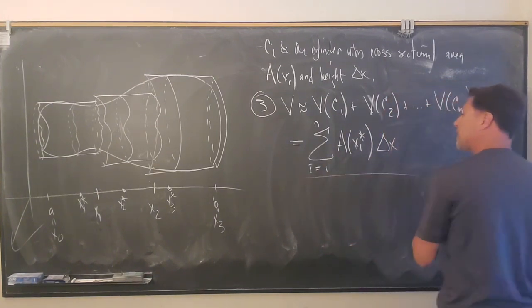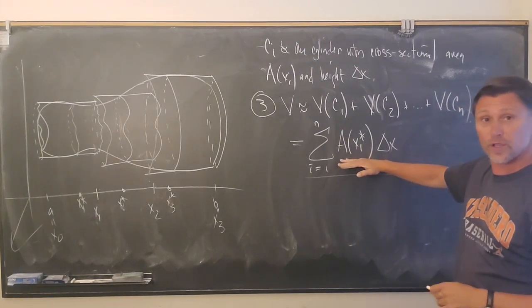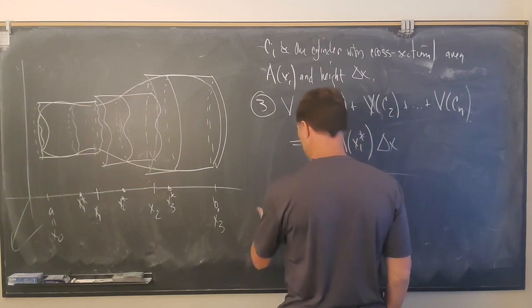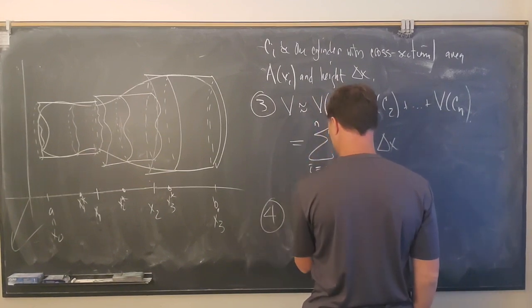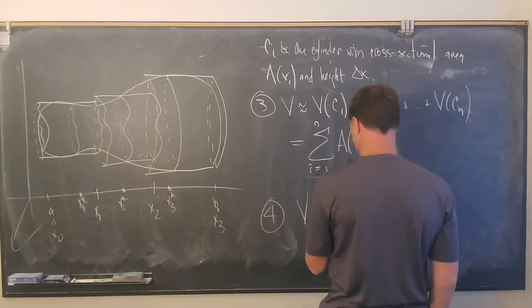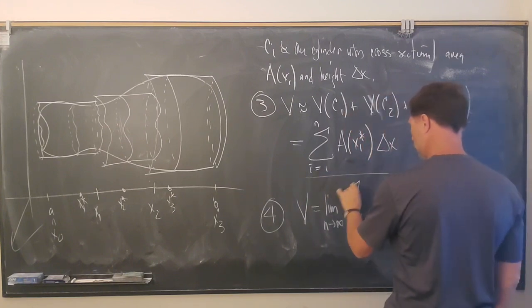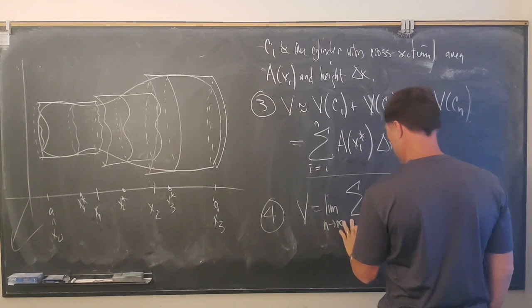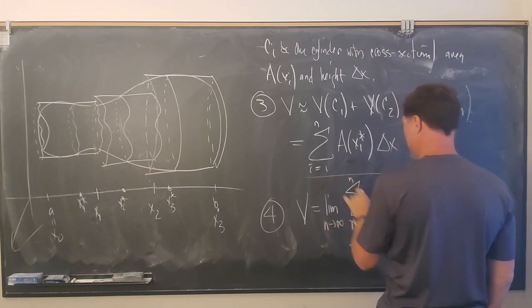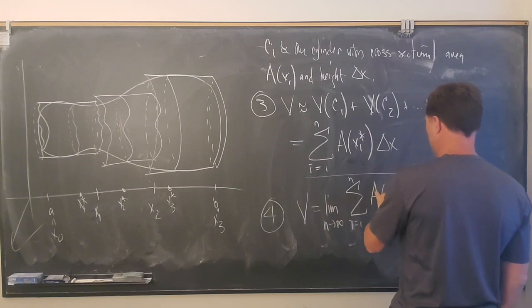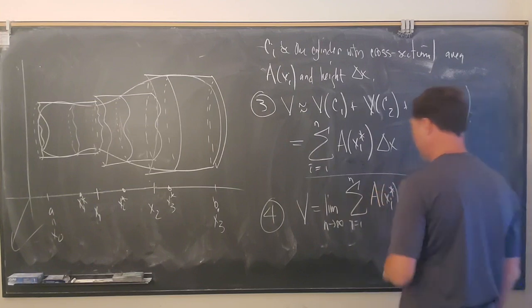Now what we have is a Riemann sum. We assume that this function right here, this area function, is continuous. And so, for number 4, what we have is the volume is equal to the limit as n goes to infinity, sum I equals 1 to n, A of xi star times delta x, right?